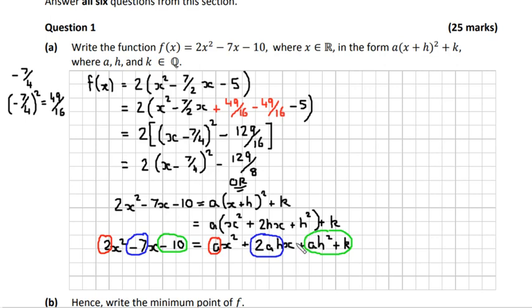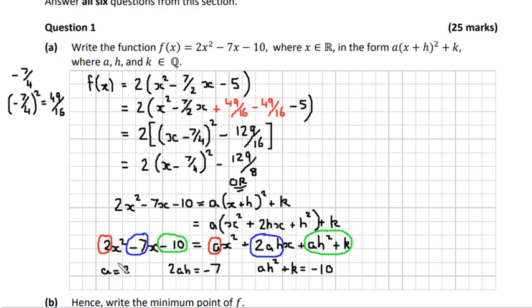So really then I have 3 equations. I know here that a is going to equal 2. Equating the blues there, I know that 2ah is equal to minus 7. And I know that, equating the greens there, ah squared plus k is equal to minus 10.